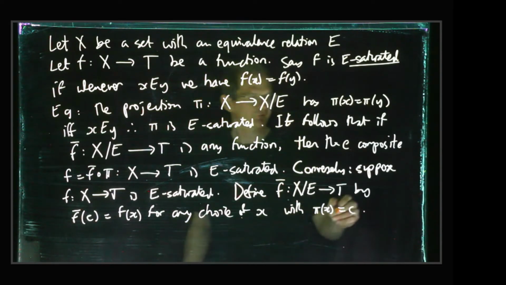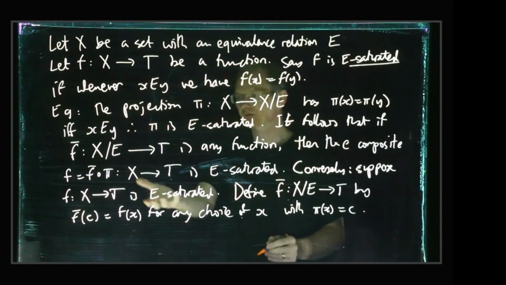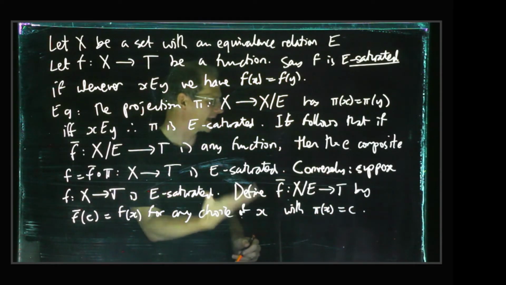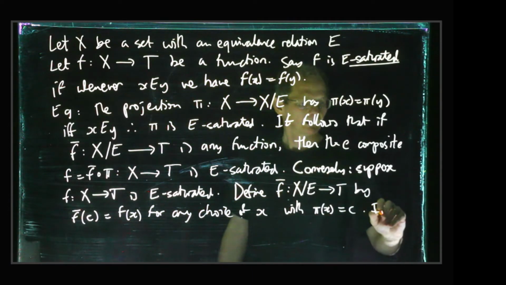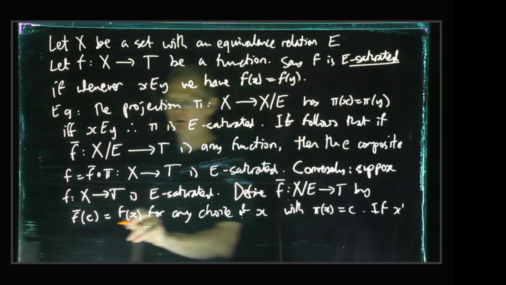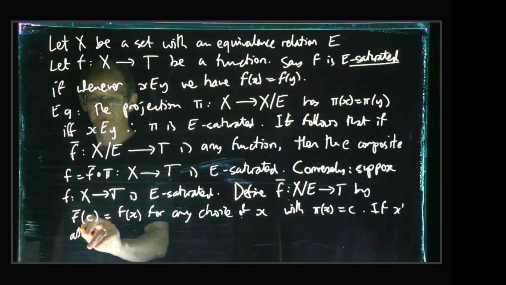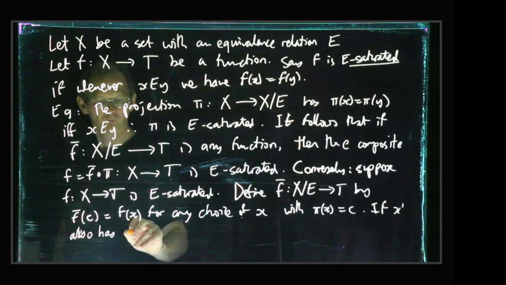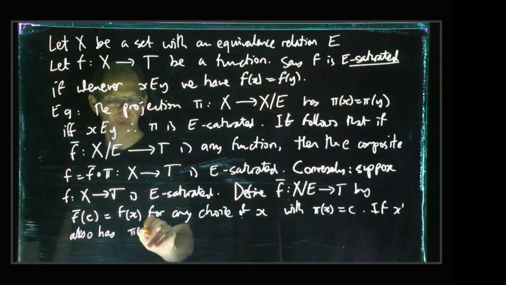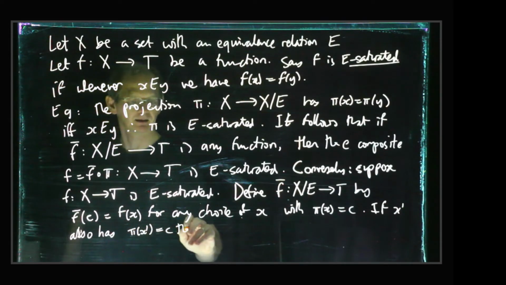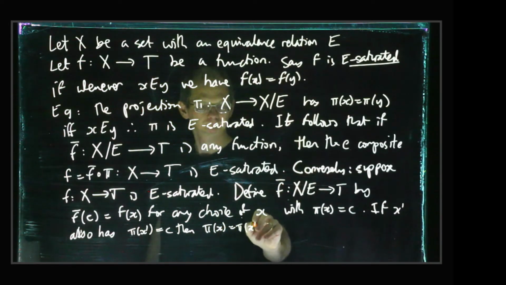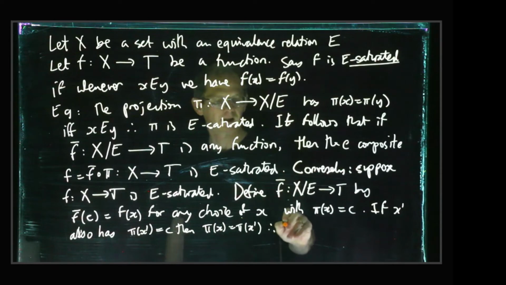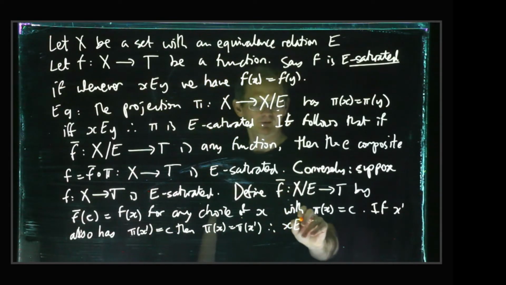And this is well defined. It's not obviously well defined because we had to choose an x, and what happens if we chose a different one? If x prime also has pi x prime is c, then that means that pi x equals pi x prime. Therefore, x is related to x prime.